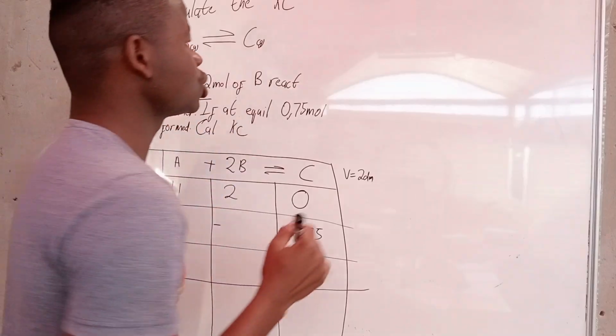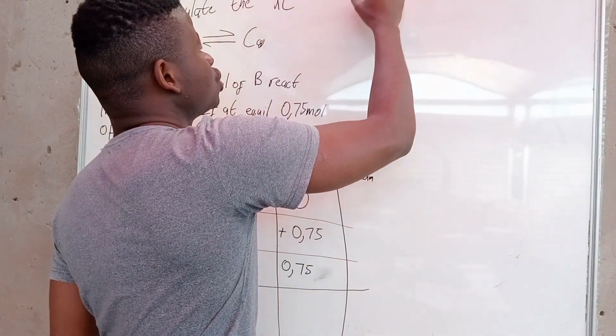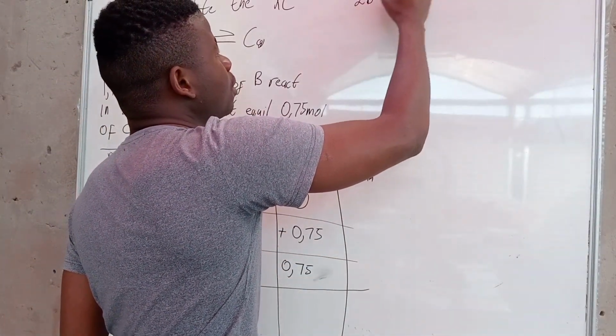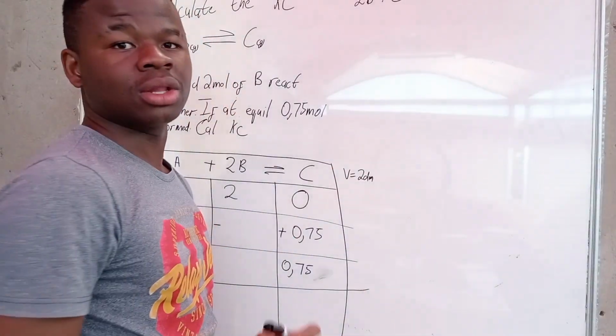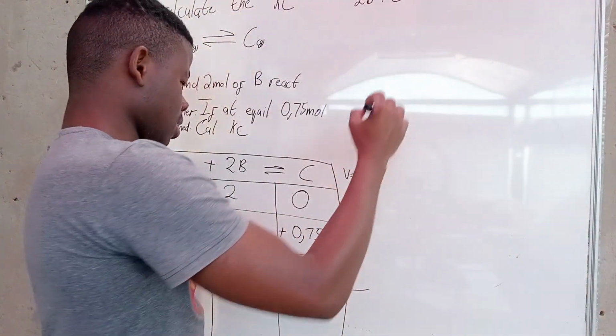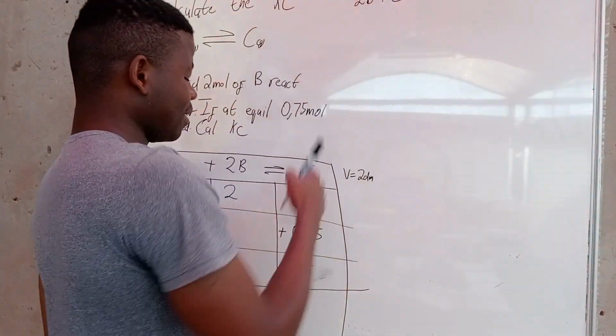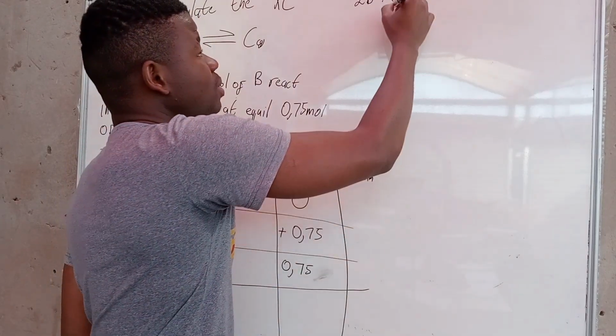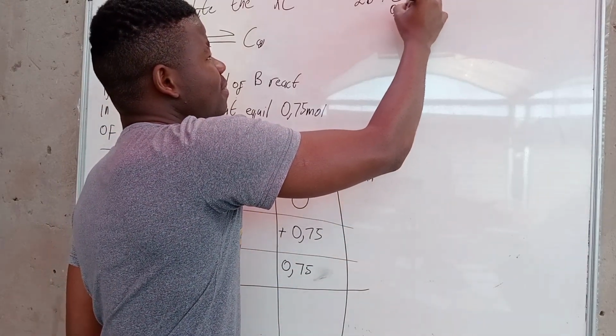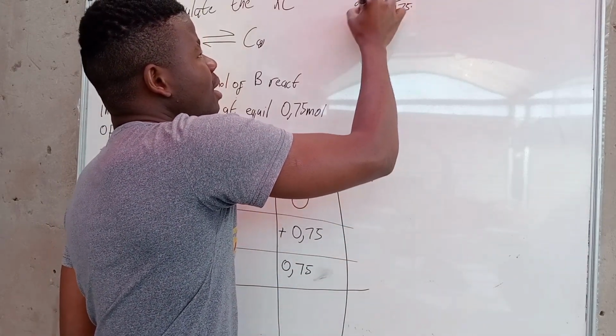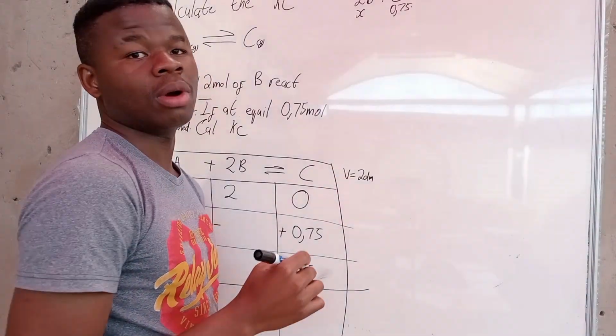That is stoichiometry. We'll say 2B, we are comparing it with C, and we have the mole of C, which is 0.75. And for this one, you don't have its mole.